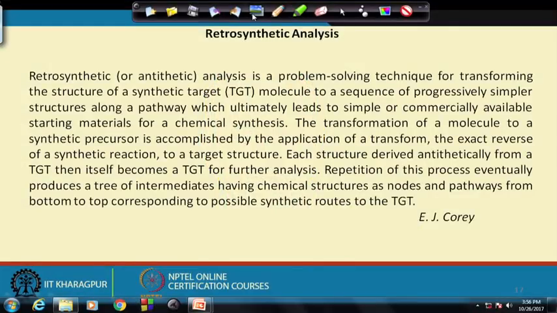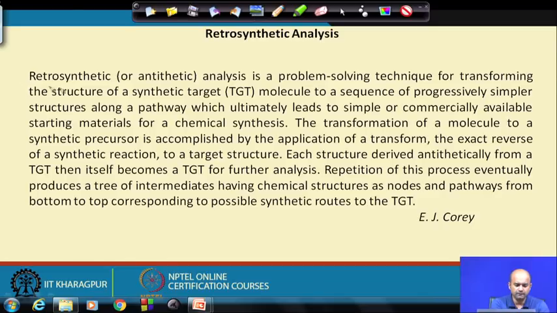Now, let us go back to Professor E. J. Corey's standard definition of retrosynthetic analysis. Retrosynthetic analysis, sometimes referred to as antithetic analysis, is a problem solving technique for transforming the structure of a synthetic target, a given molecule, to a sequence of progressively simpler structures.